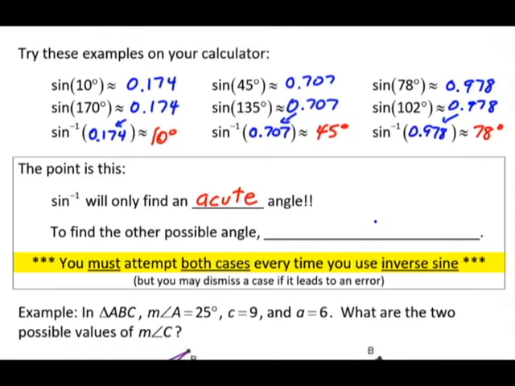So to find the other possible angle, we will subtract from 180. If you use inverse sine, you must assume that there could be a second case. So, if there's a second case, then we have to find both possibilities.